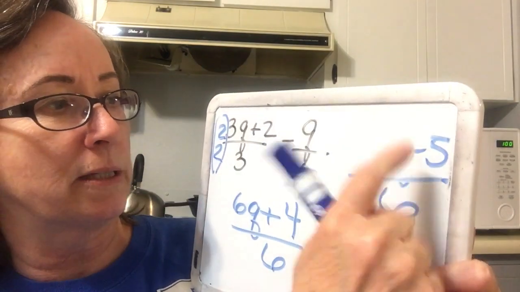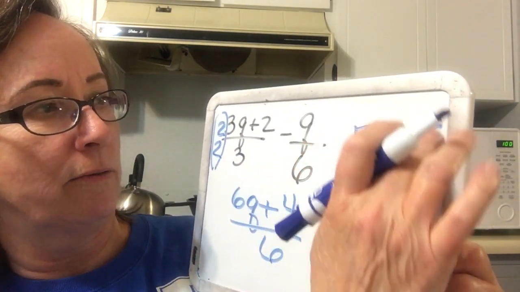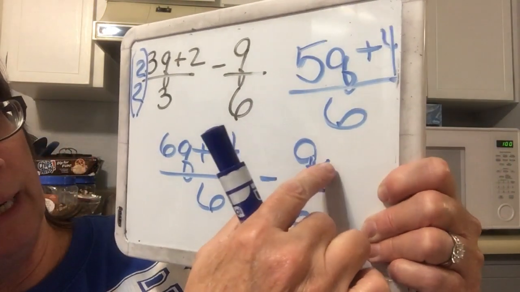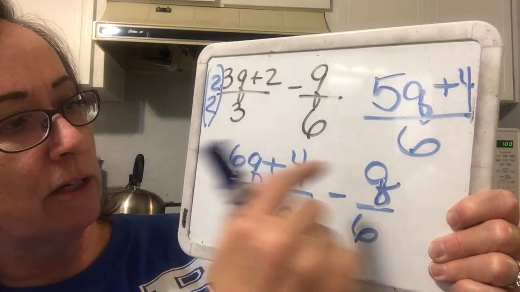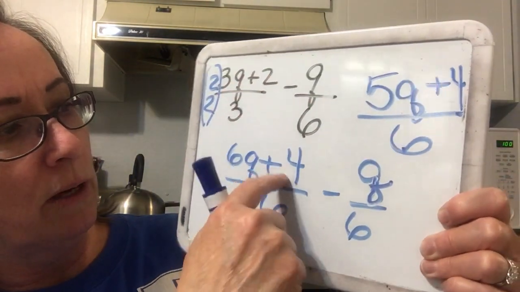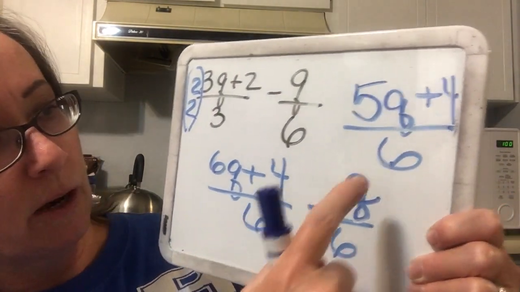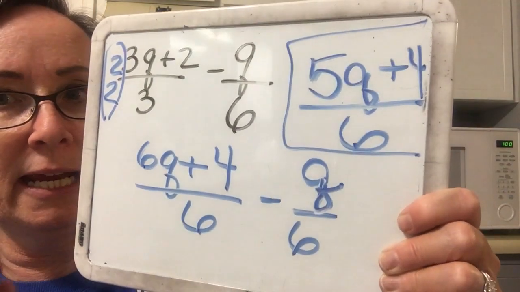That's why my answer was not matching. So that is 5q plus 4. My q was looking like a 9, and it caused me an error. So 6q minus q is 5q, and with the 4, 5q plus 4 over 6 is the correct simplified answer.